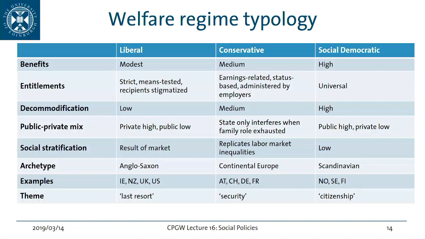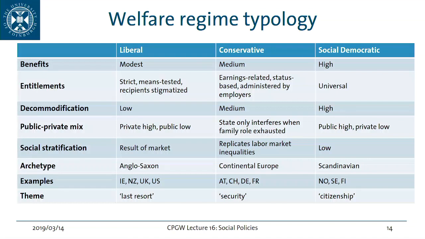And then lastly, you have what's also been called the Nordic model, or the social democratic model, where you get a high level of benefits that are not very hard to access. The public side of providing these benefits is very high, and the system doesn't really rely on private welfare provision all that much.